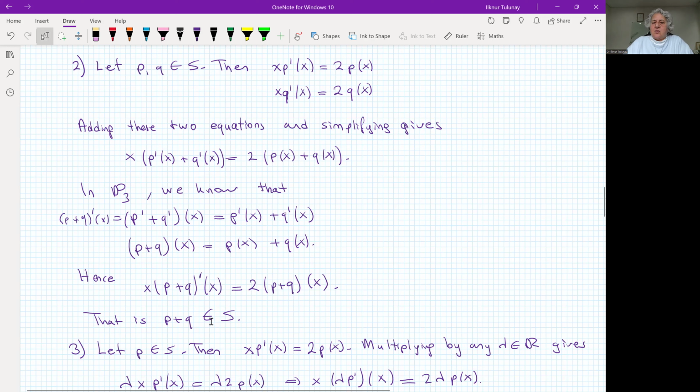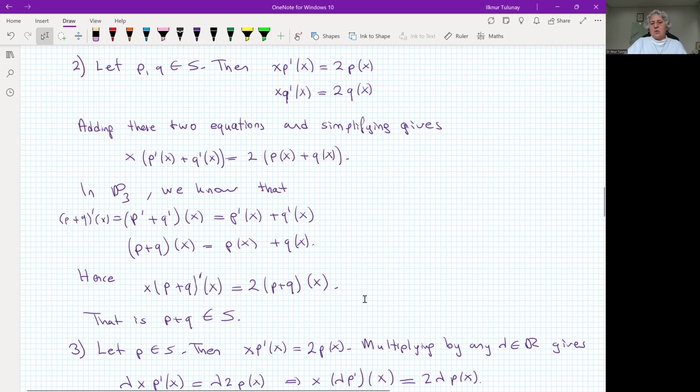So this one, P plus Q, satisfies the equation like this: x times the polynomial derivation is equal to 2 times the polynomial. This implies P plus Q is in S. Okay, so S is closed under addition.